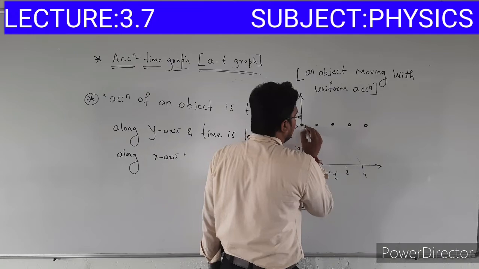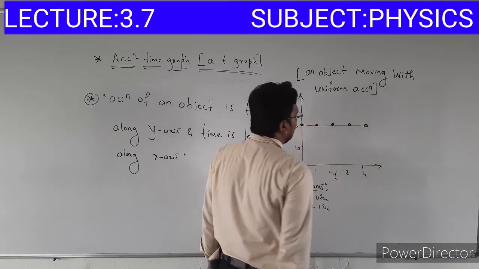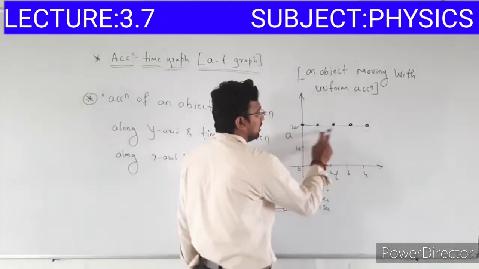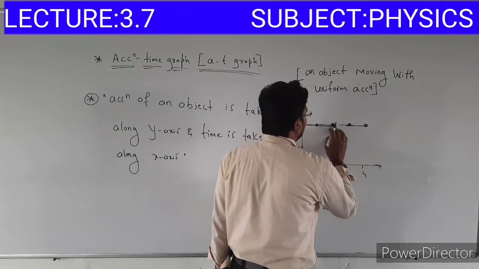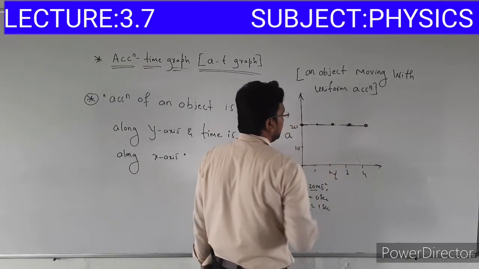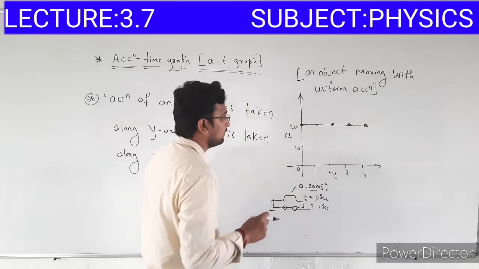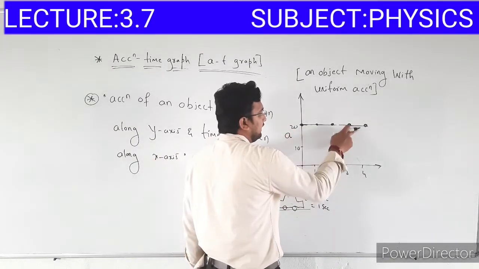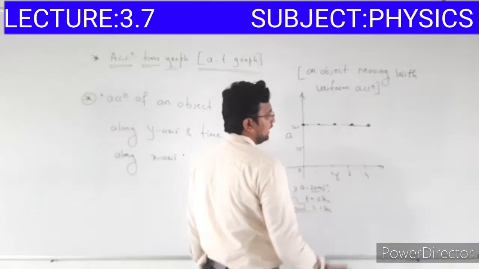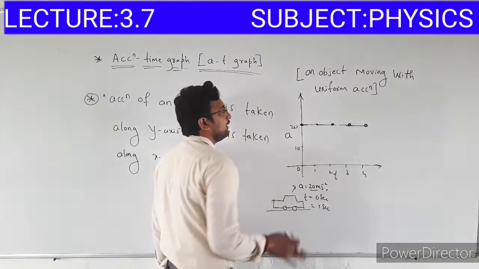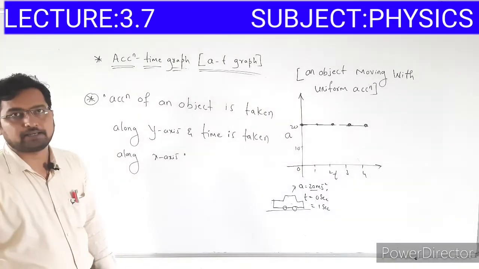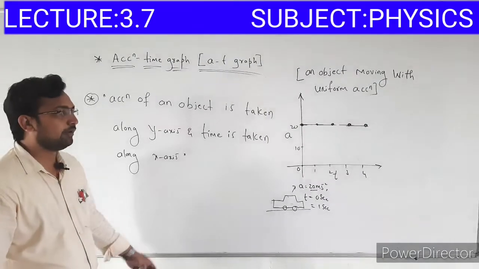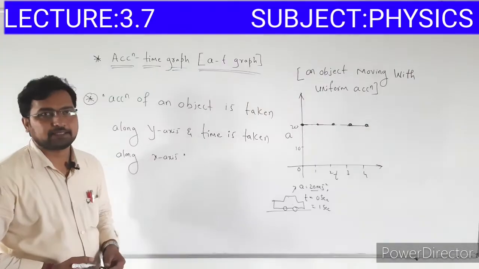After that, join all these points. So this line, which is parallel to the x-axis, indicates that the object is moving with a uniform acceleration.